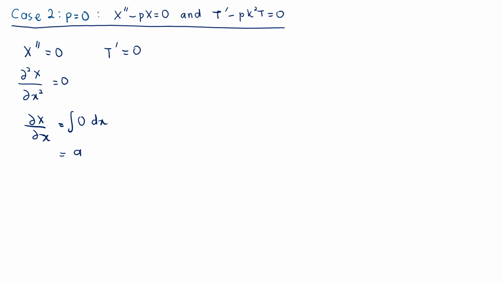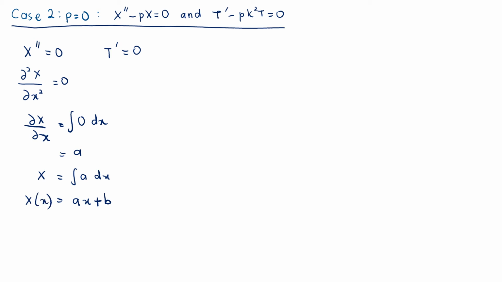Then the next step is to find the antiderivative of this, and you will get x, which is equal to the integration of a with respect to x, and this will be ax plus b.